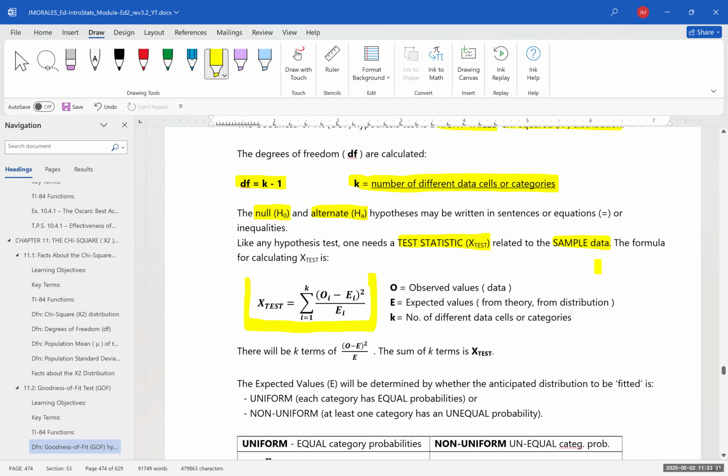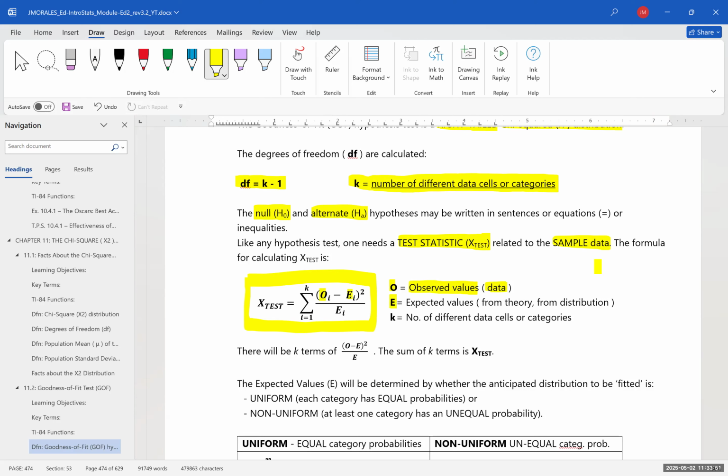this formula, this equation right here. So notice that there's two letters, O and E. This variable O represents observed values. So that's data that you've collected, like your sample data.